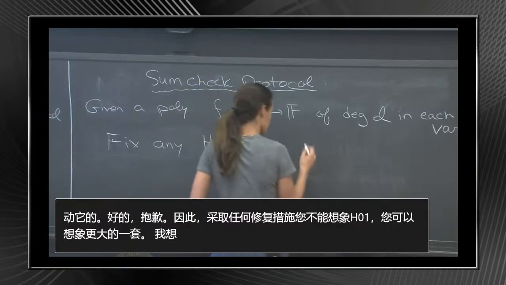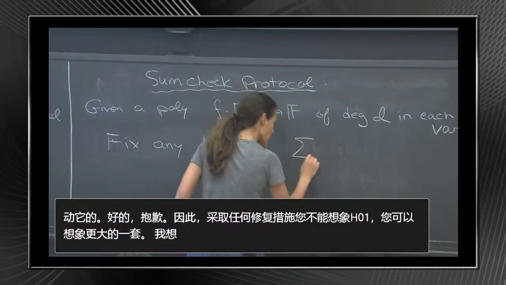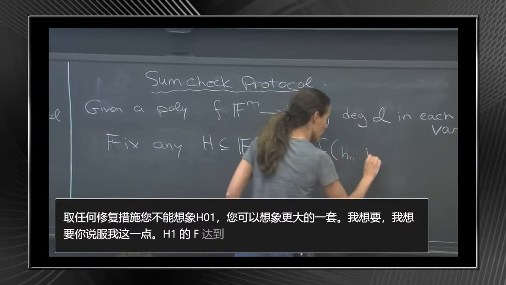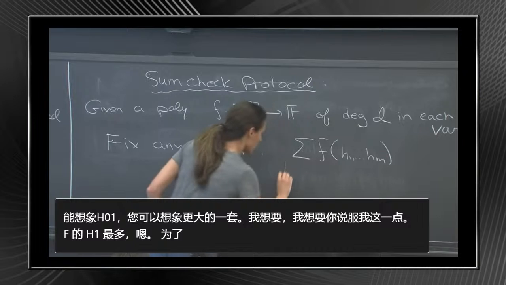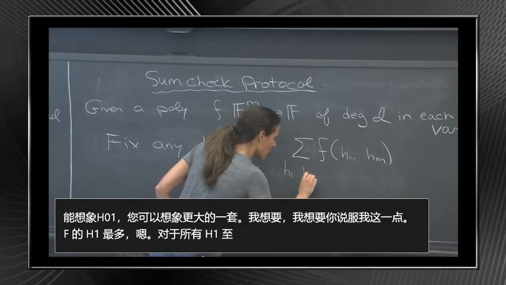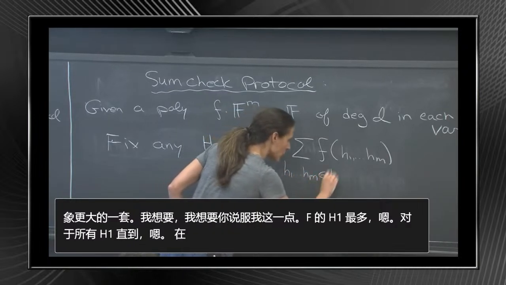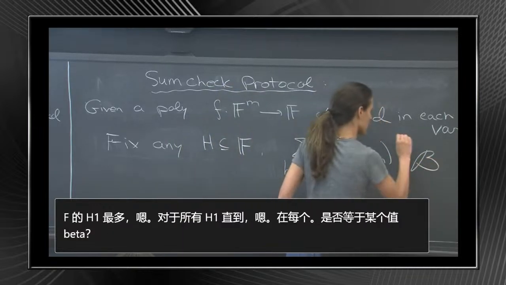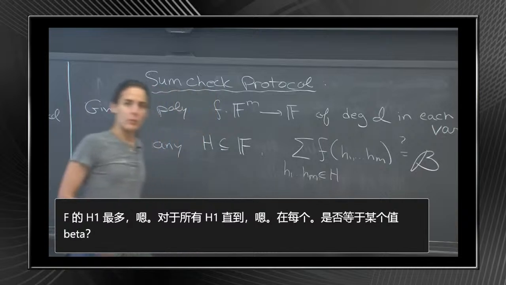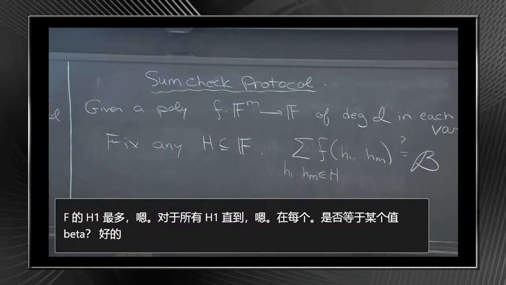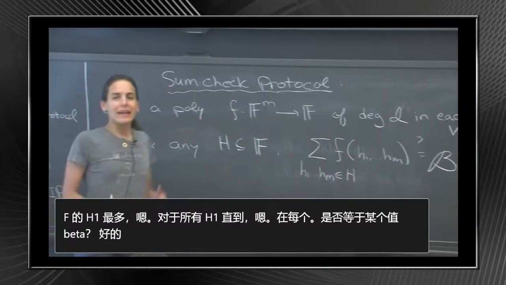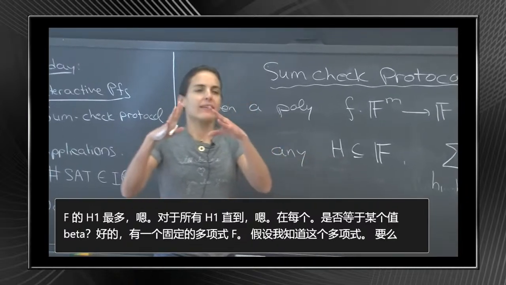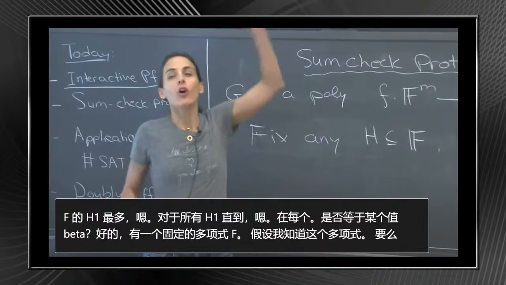I want you to convince me that the sum of f(h1, ..., hm) over all h1, ..., hm in H is equal to some value beta. So there's a fixed polynomial f. Let's say I know this polynomial. Either it actually has a succinct circuit, or maybe I have oracle access to it.